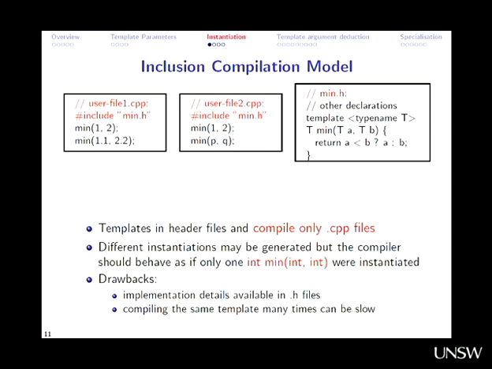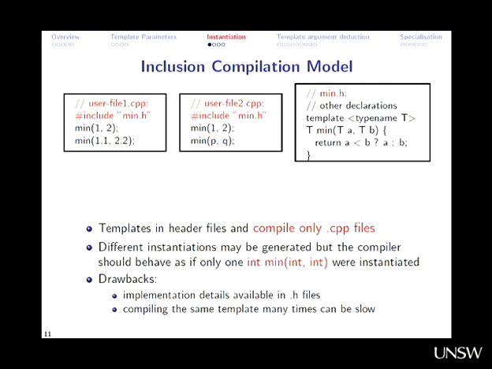The problem with templates: templates are prescriptions on how to generate things. Templates are not compiled ahead of time, so if you're compiling just a .o file, they're not actually compiled in the same way. They're only compiled when required.